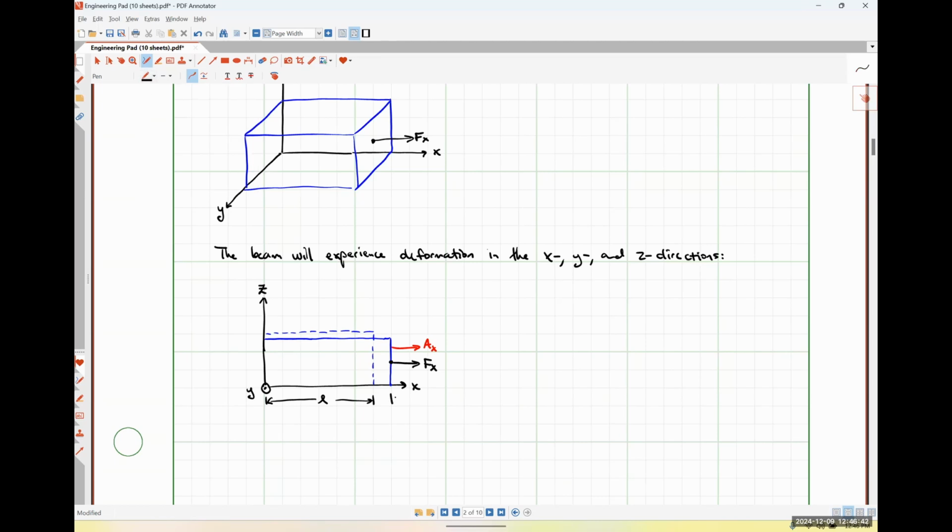And we have some change in length that I'm representing by delta L, okay?